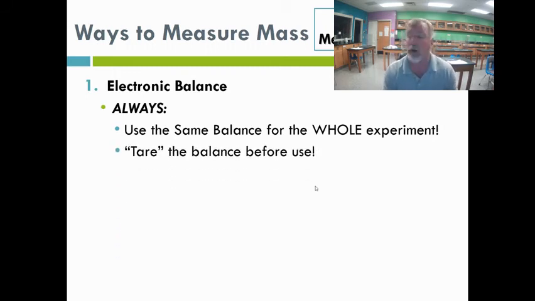Tare. Sometimes you'll hear me talk about a tare, right? That's a way that we put a little container on here, and then we'll zero out our balance. That's what we're talking about, a tare. It's something we're going to put on there so we can put chemicals on there. The way we tare it is you'll see there's a button here that says on, 0, or off.